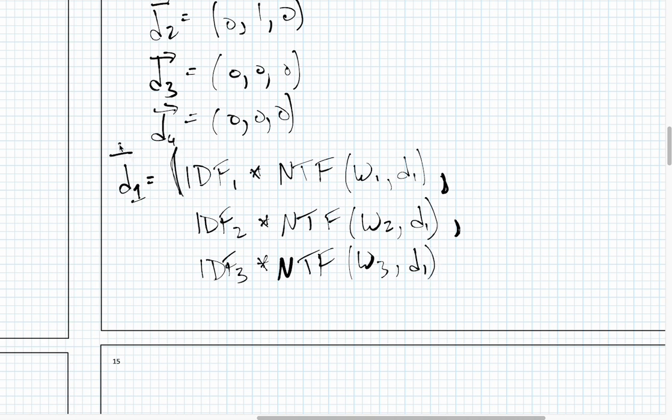And this is a vector, and it's made up of these three components. If I want to find out what document number 2 would look like, just go in there and change this right here from D1 over here to D2. If you want to find it out for D3, change it for D3. In other words, it's this right here. This changes for each vector.